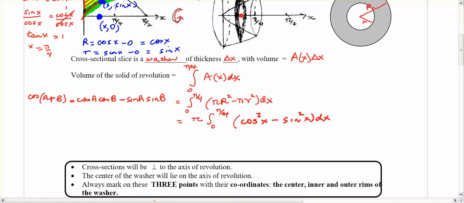All right, now what happens when I have cosine of A plus A?